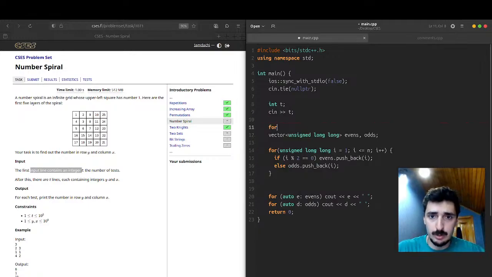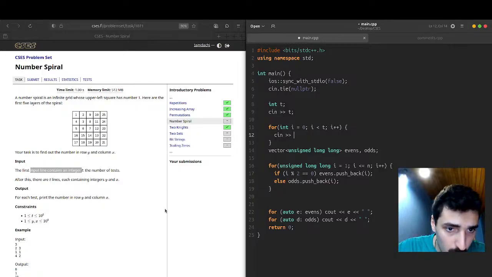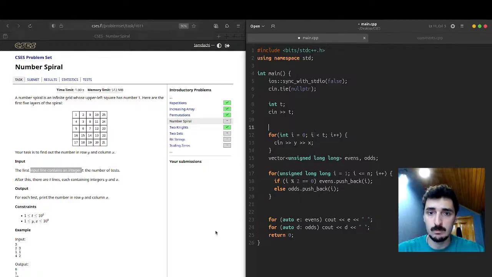Let's do this t times, plus plus. Cin y and x, or pair.